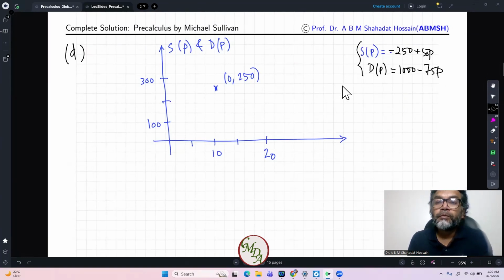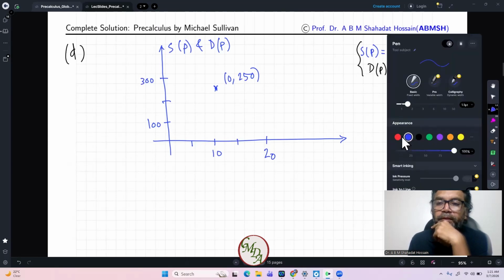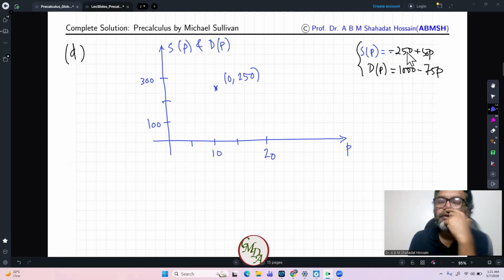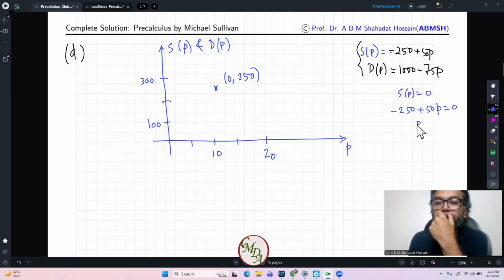Okay, so to draw S of p, we find the intercept. If we substitute S of p equal to 0, then we get a p-intercept, I mean x-intercept. So if you put S of p equals to 0, then this implies minus 250 plus 50p equals 0.